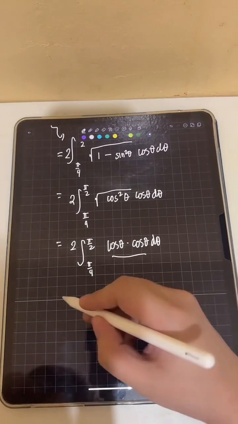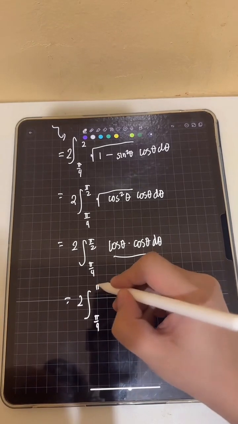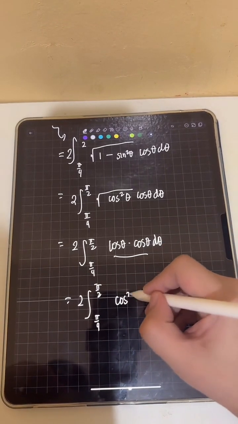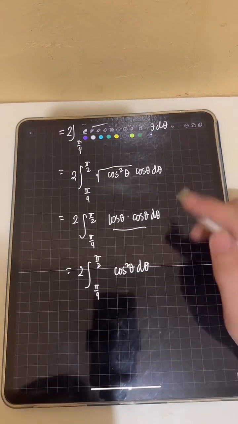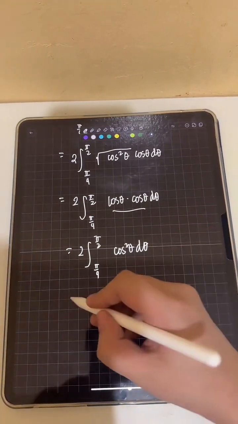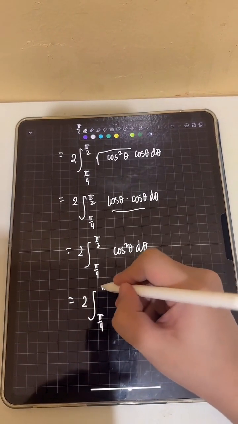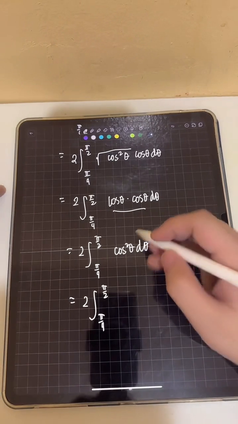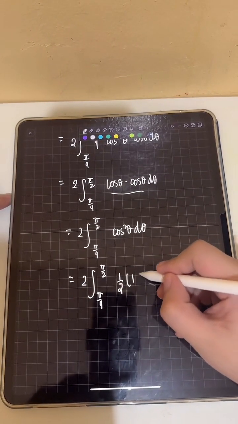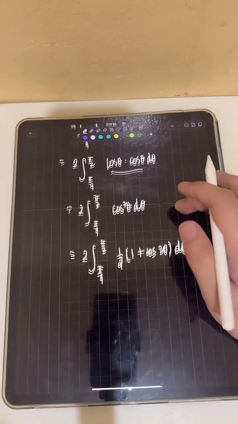Then we multiply 2 times the integral from pi over 4 to pi over 2 of cosine squared theta. How to evaluate the integral of cosine squared theta? We can apply the reduction formula. For cosine squared theta, it's equal to 1/2 times 1 plus cosine 2 theta d theta.